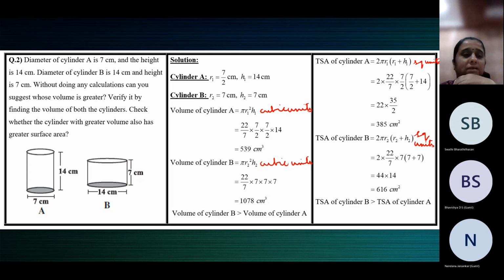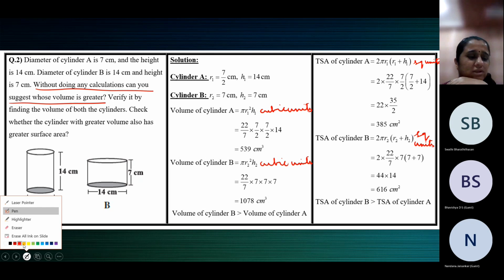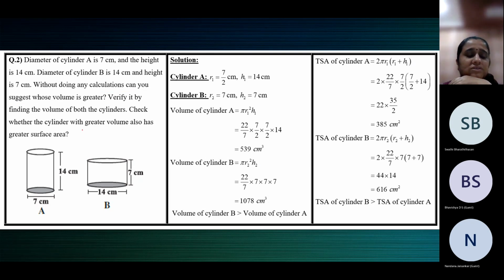Okay. So children, here there is a question: without doing any calculation, can you suggest whose volume is greater? You cannot just look and say, but don't use pi, just use r square h. Pi is a constant, right? Simply do r square h.